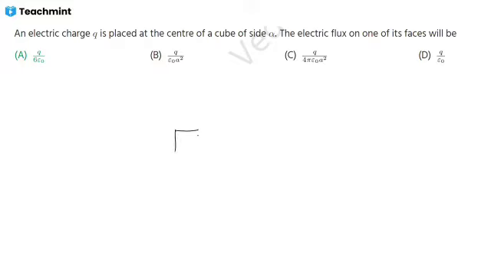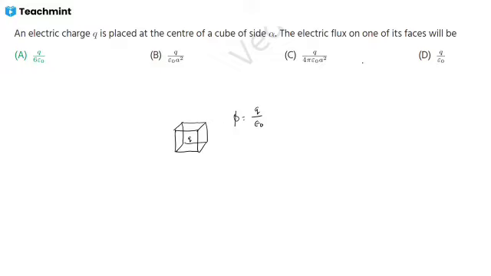So let us consider a cube like this, and now they are placing a charge small q at the center. Now they are asking the flux through the face. The total flux, according to Gauss law, is q by epsilon naught.